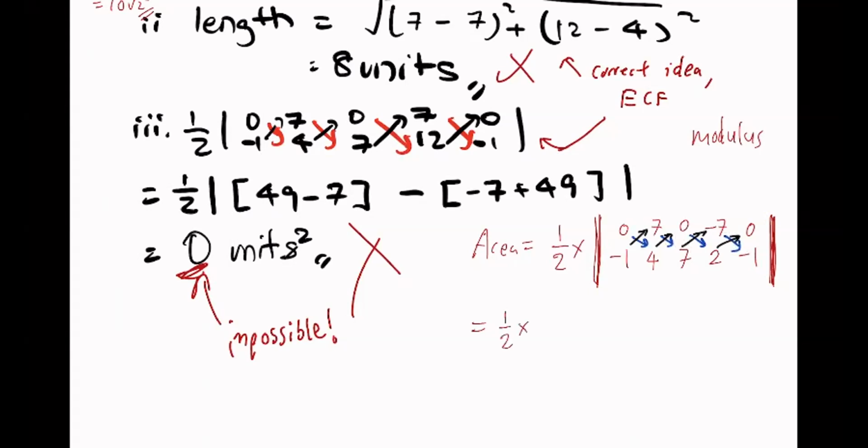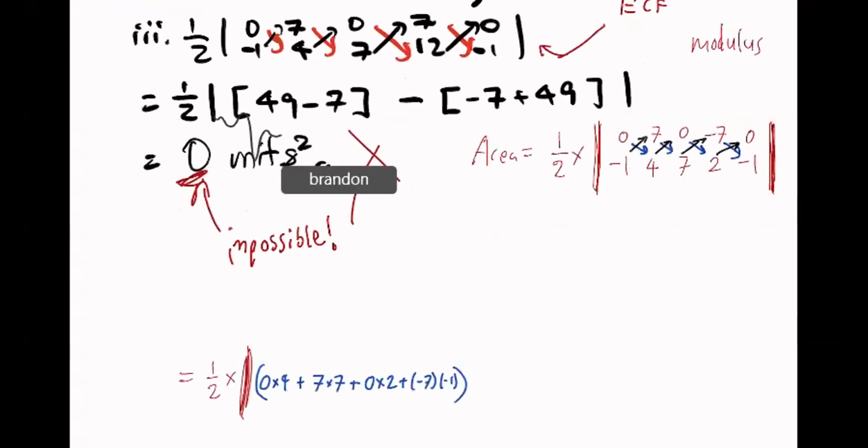1/2 multiplied by the modulus of the blue color ones: 0 times 4, add on 7 times 7, add on 0 times 2, add on -7 times -1. Bracket, bracket. Let me move a bit more to the left.